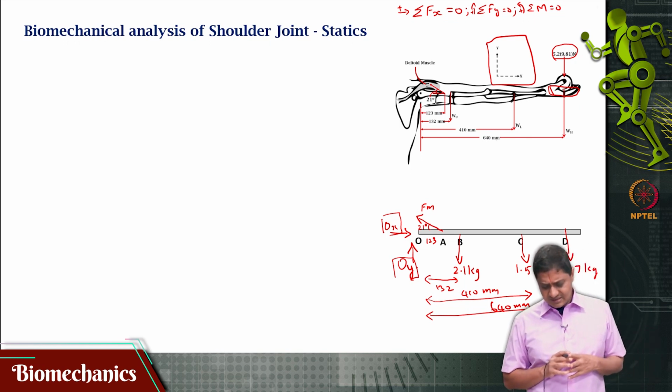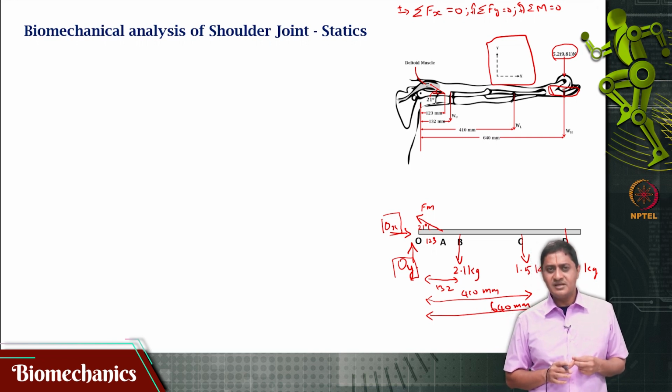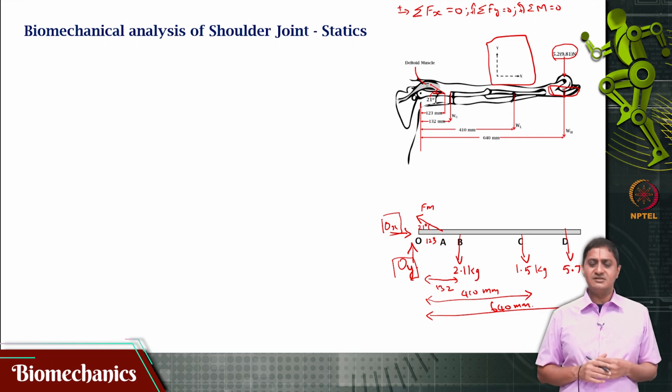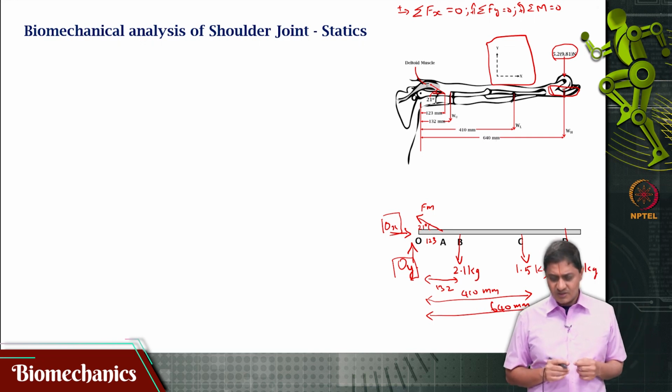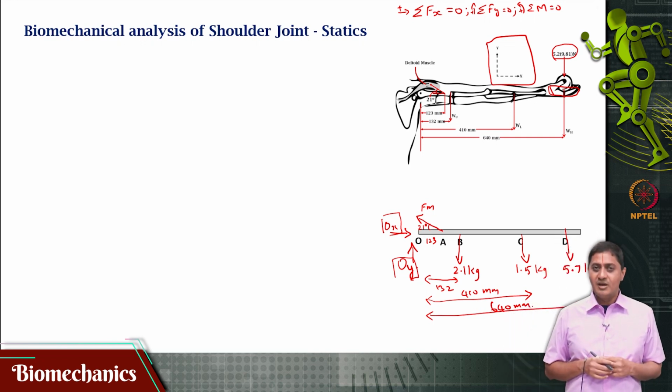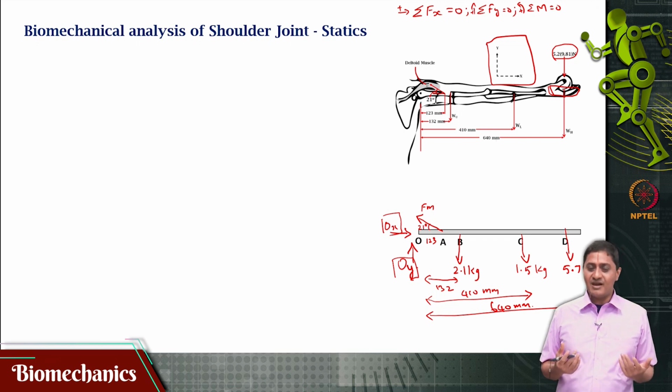It seems to me like that is not something that I can find by merely solving the force equations. Sigma Fx equal to 0 and sigma Fy equal to 0 alone may not give me this. Why do I have this feeling? Because Fm is not along the x axis or y axis, it is inclined.